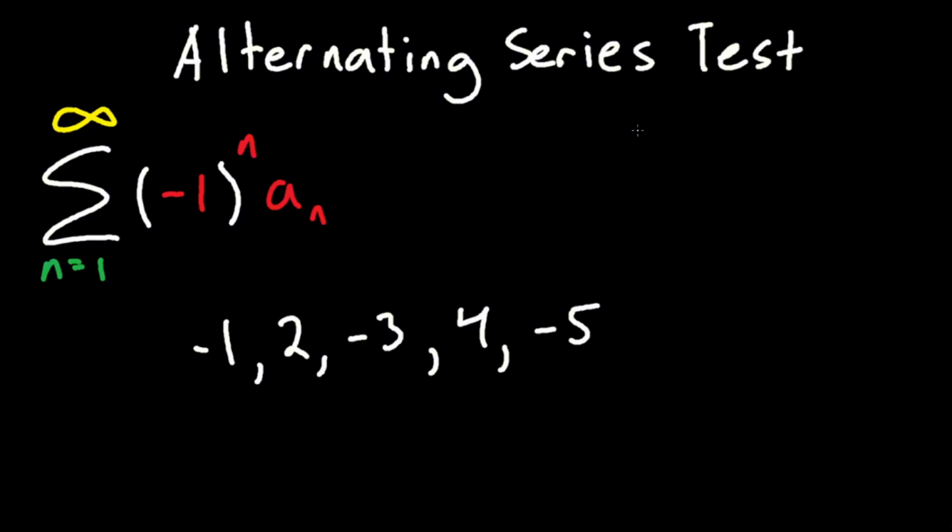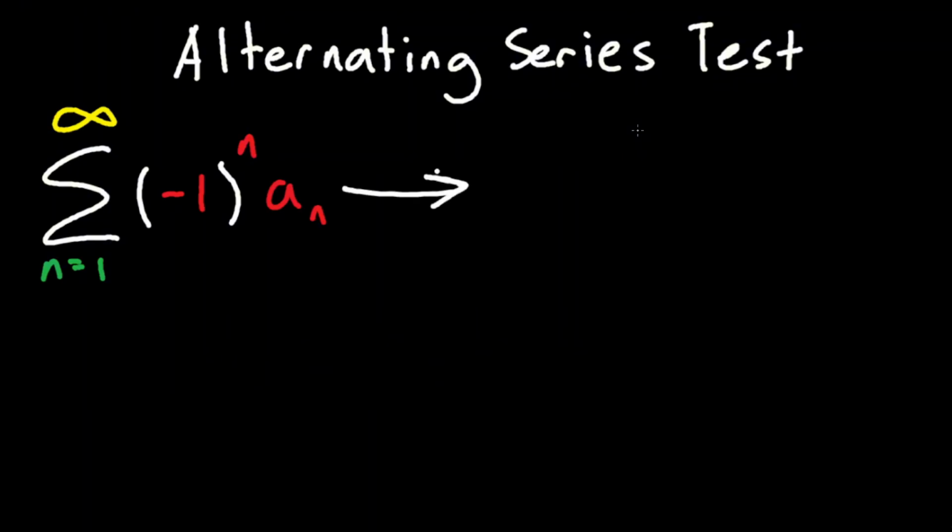Negative 1, 2, negative 3, 4 basically switches from positive to negative. So usually when you're doing the alternating series test, you want to find the absolute value of this. And the reason why is you're just cutting out the alternating part. The alternating term in this case is negative 1 to the power of n. And you're going to have some general function a of n. It doesn't really matter what it is. It could be 1 over n.